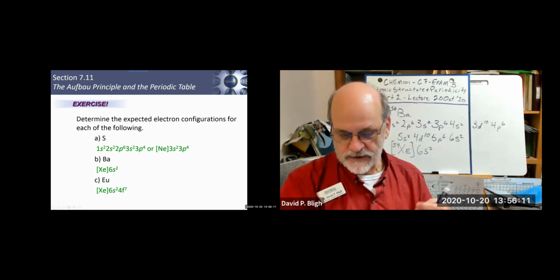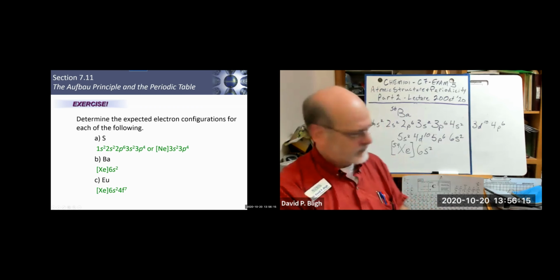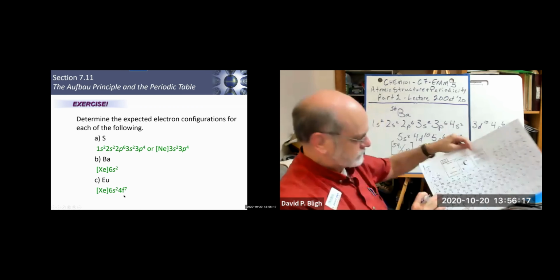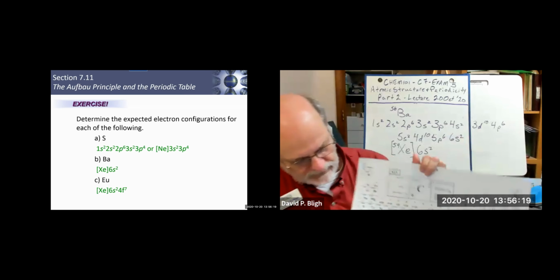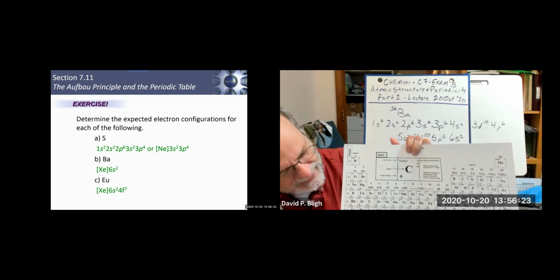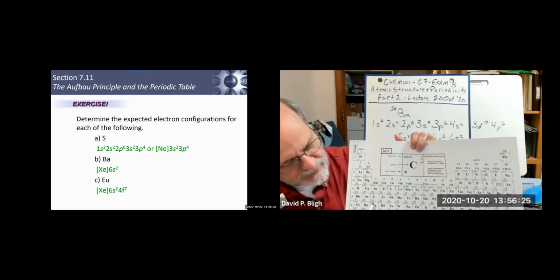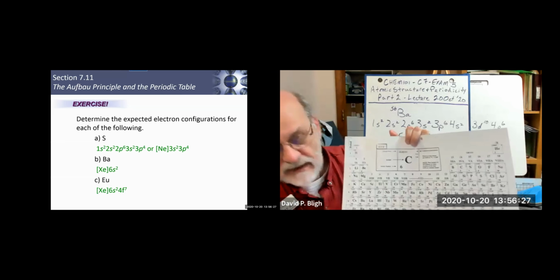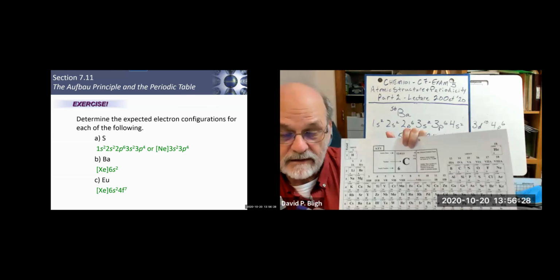But it also is xenon, and then 6s, and then 4f, because once you get into the 6th level, right, you work your way over here, lanthanum and everything following lanthanum is actually filling f orbitals.